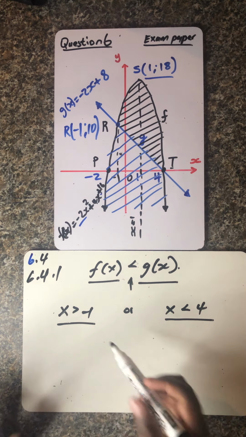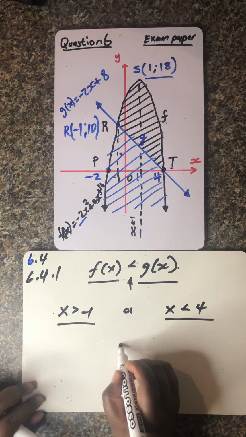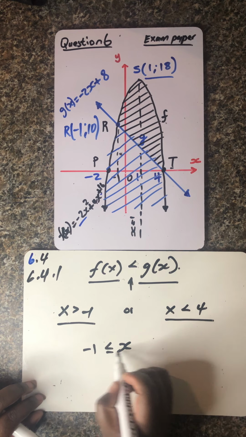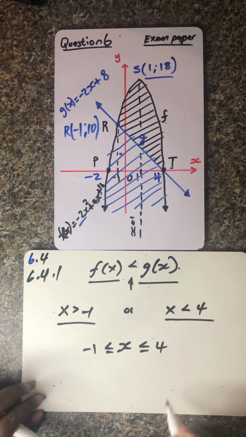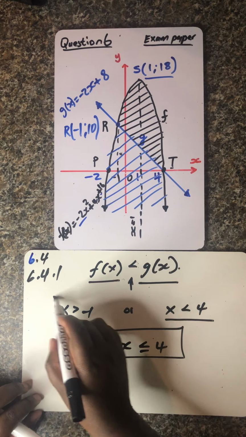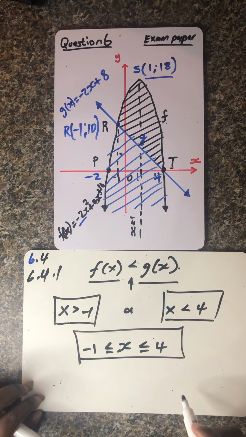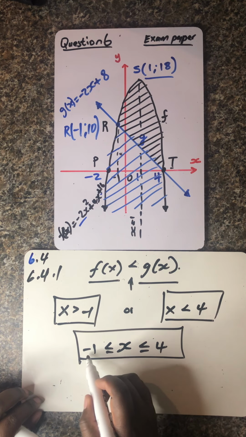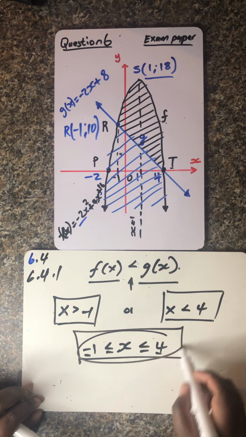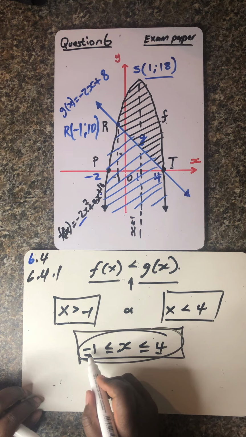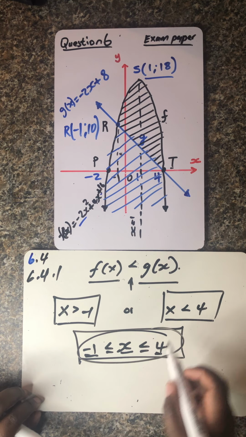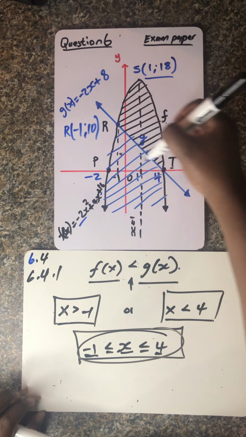And again, if you don't want to explain it this way, you can just say that's where x is between -1 and 4. This is the same as that. So here you're saying between -1 and 4. That's what this notation means. That's where x is between -1 and 4.